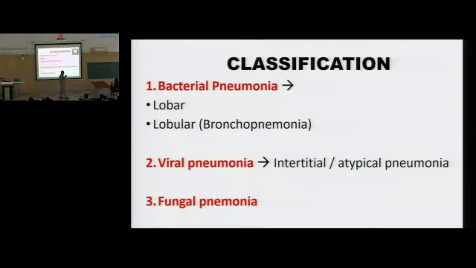It can be both ways. It can be bronchopneumonia or lobar pneumonia. But the infections caused by viruses are always interstitial pneumonia, or what we call atypical pneumonia. There will be infection of the interstitium. Clear? Bacterial can be both ways, lobar or lobular.